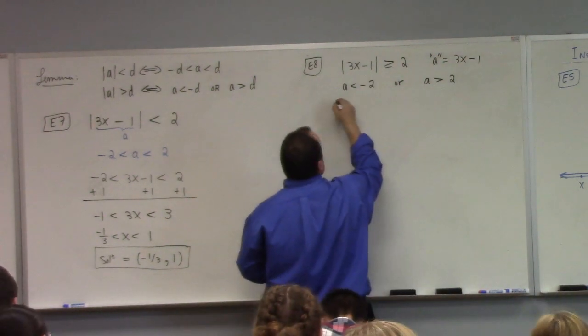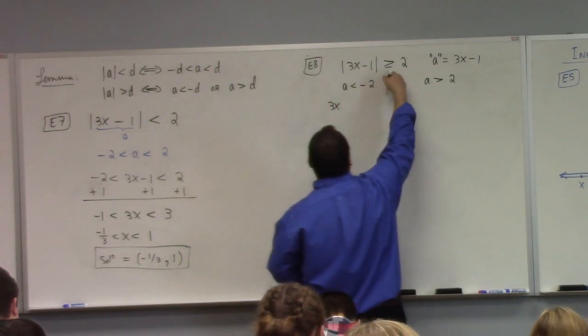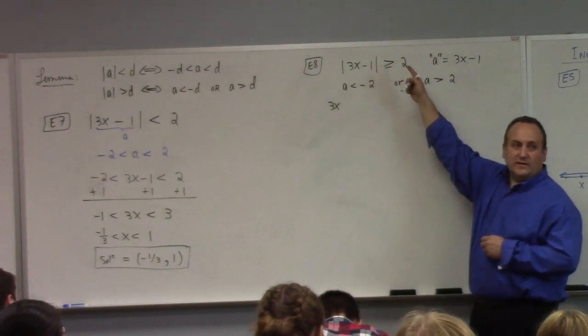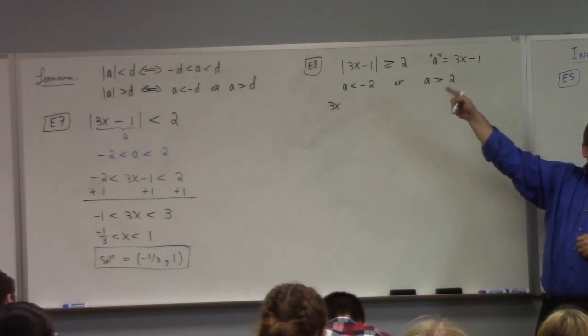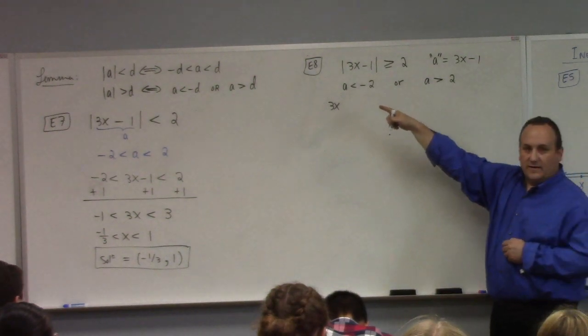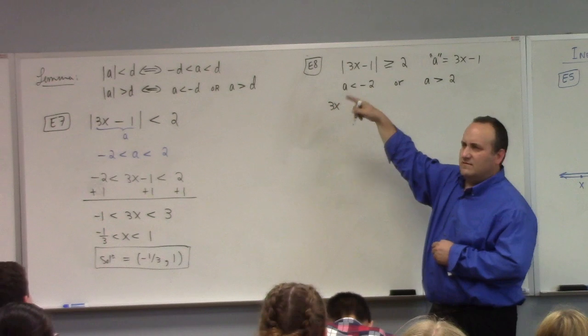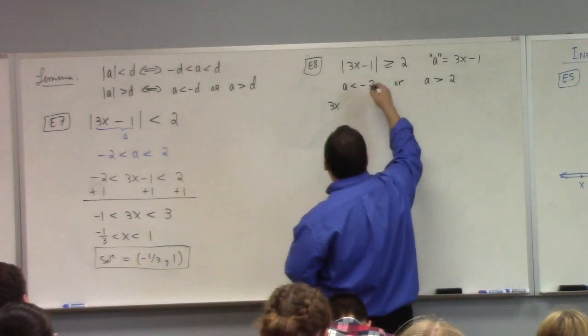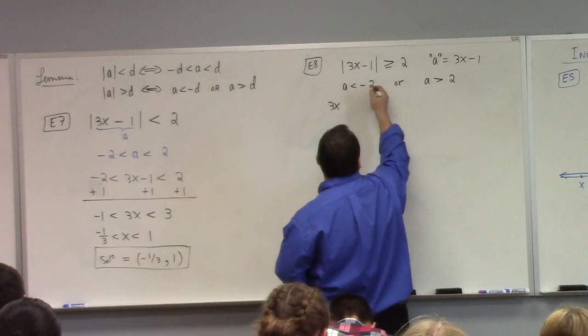So I either have 3x minus 1, and notice, guys, I threw in an equality here. If there's an equality, it just transfers to both sides. I didn't want to write 4 cases, because it's better for me to just say it and do it, as opposed to making my lemma 4 cases.